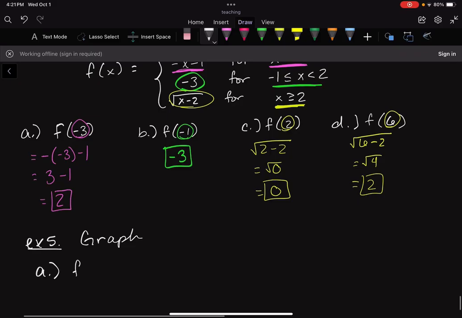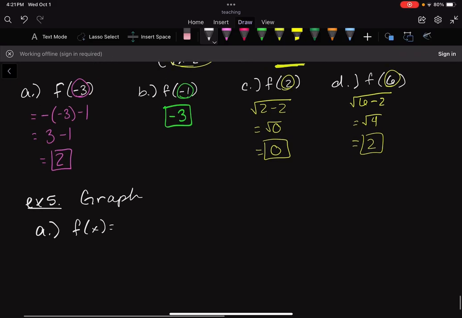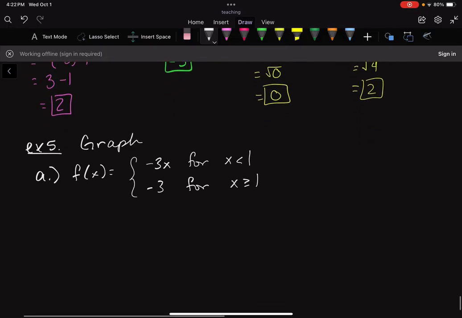So part A, f of x is equal to -3x for x less than 1, and it's -3 for x greater than or equal to 1. My marker keeps going out. So I'm going to do my sketch.